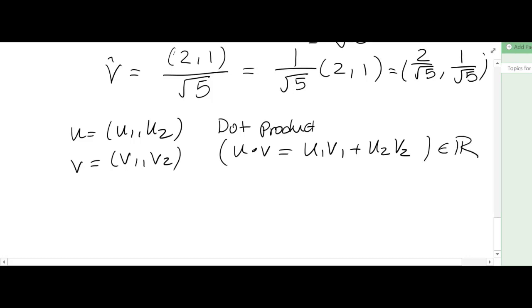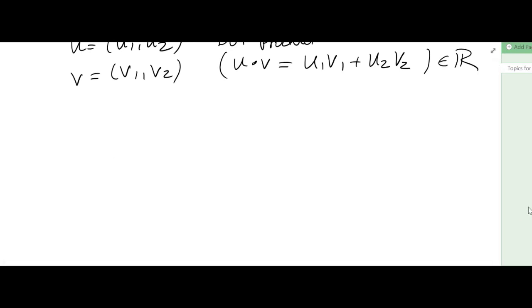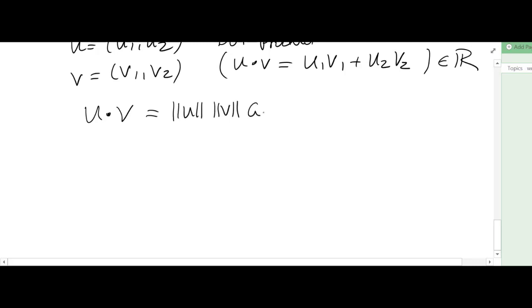There's an important geometric significance for the dot product. There's this formula: u dot v is the magnitude of u times the magnitude of v times cosine of the angle between them. So the picture is like this. That's u, that's v, that's theta, the angle between them.